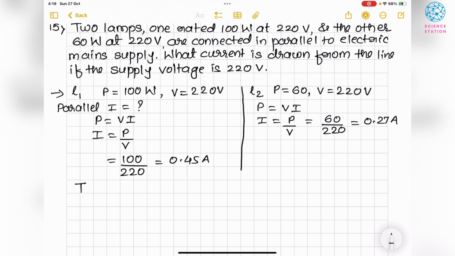Now total current they have asked, so total current will be equal to 0.45 ampere plus 0.27 ampere, so that comes as 0.72 ampere.